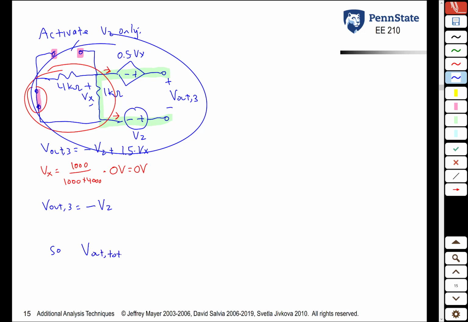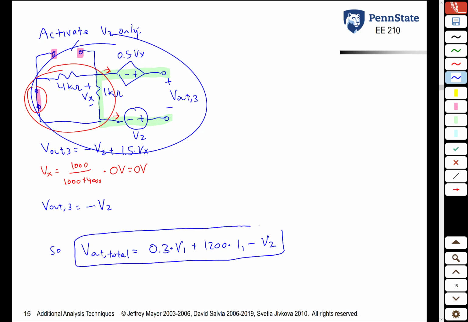So V out total is equal to 0.3 times V1, that is a contribution due to the V1 source, plus 1200 times I1, that's a contribution due to the current source, minus V2, what we just determined above, that is a contribution due to the second independent voltage source. And so now, using superposition, we were able to express the output voltage in terms of the three independent inputs, V1, I1, and V2, which is what we wanted to do.